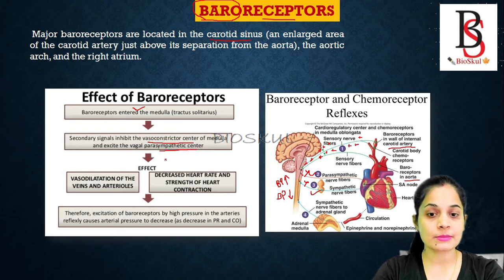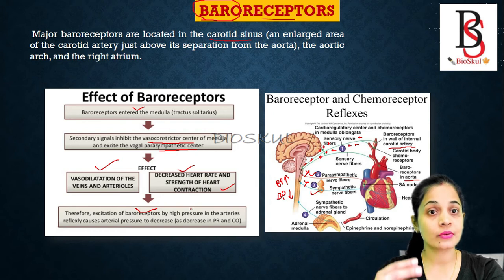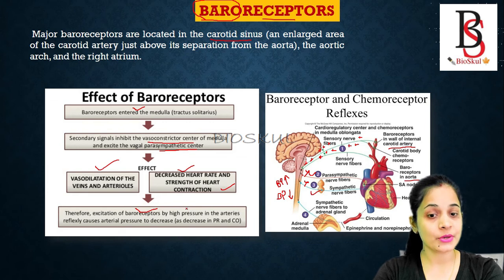As the parasympathetic nervous system gets excited, it causes vasodilation and decreases the heart rate and the contraction also. So, excitation of baroreceptor by high pressure in the artery reflexly causes arterial pressure to decrease.